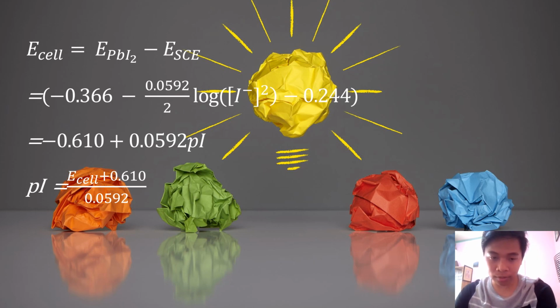Now that we have this base equation, we just input the values to solve for the formula for pI. In solving this, we have negative 0.366 minus 0.0592 over 2 log I raised to negative 2 minus negative 0.244.